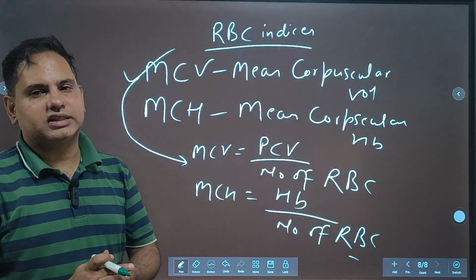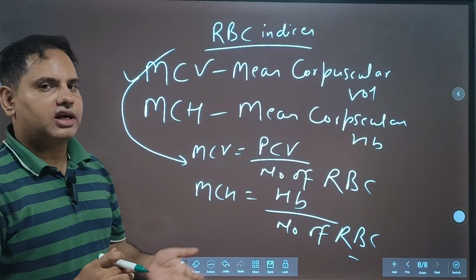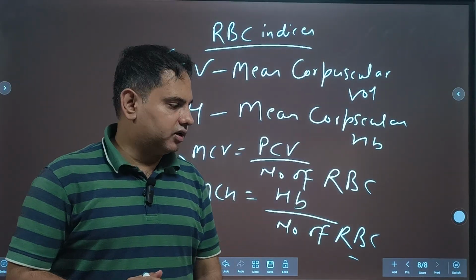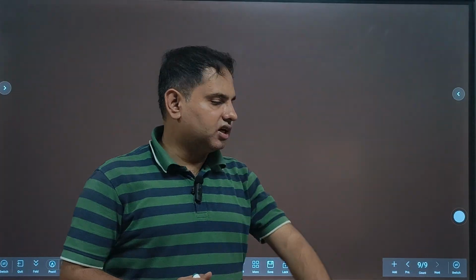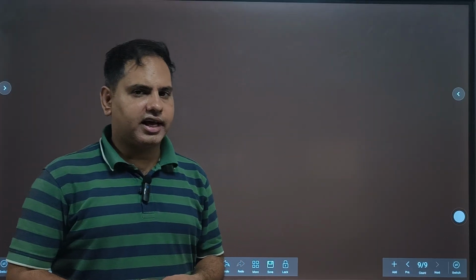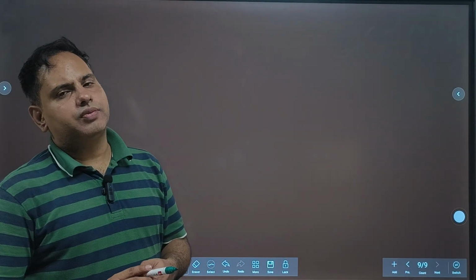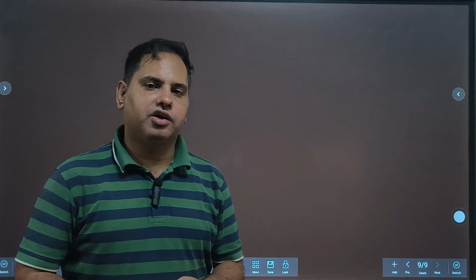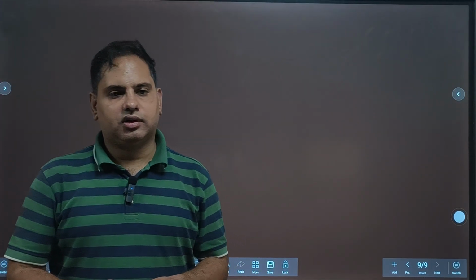So you can calculate MCH and MCV, right? That is your mean corpuscular volume and that is your mean corpuscular hemoglobin. So this is about your RBCs and RBC indices. In the next video we will discuss WBCs, what is the role of WBCs in immunity and what is their mechanism. Thank you.